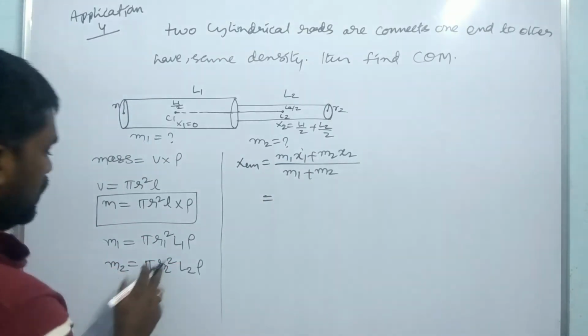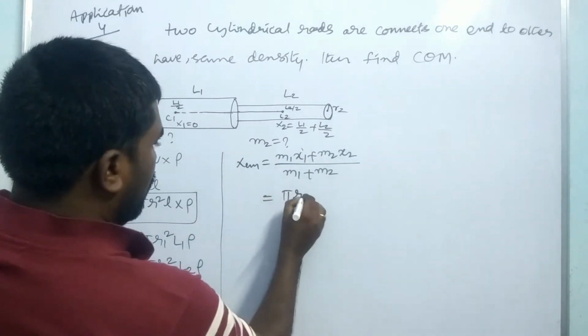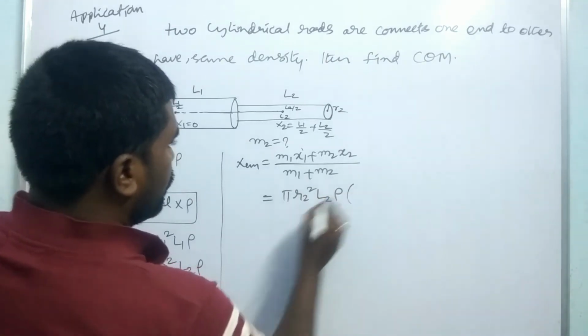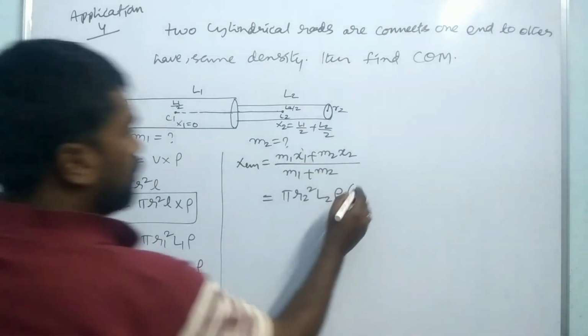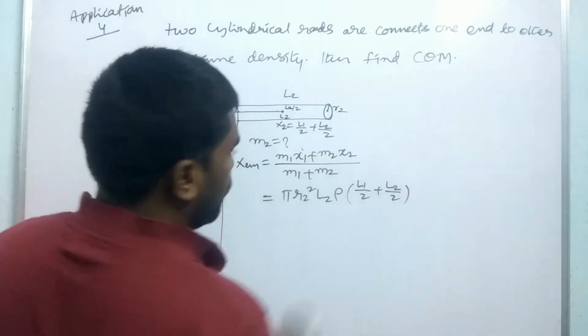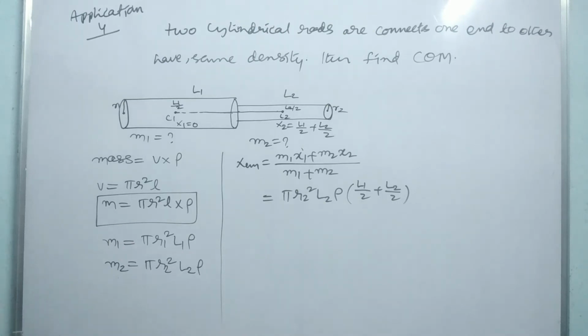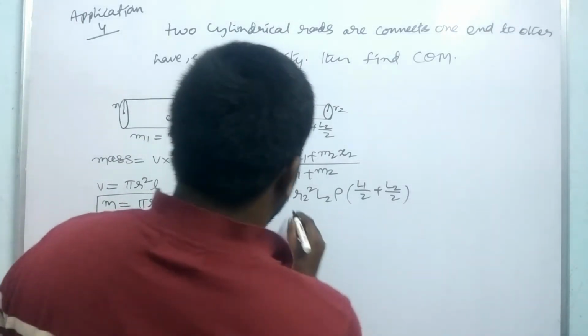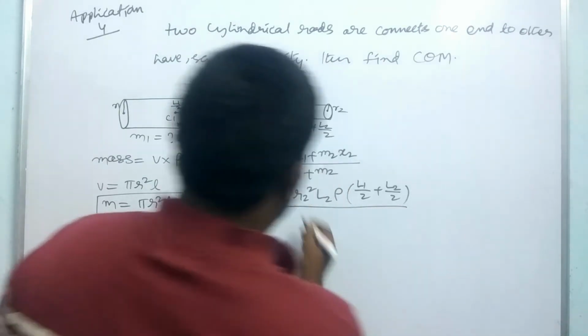M2 is pi R2 square L2 rho into, what is x2 here? L1 by 2 plus L2 by 2. Clear? And now we have to write by M1 plus M2.